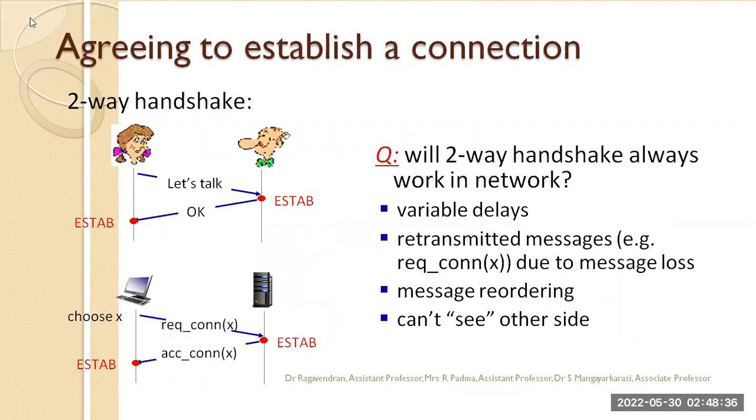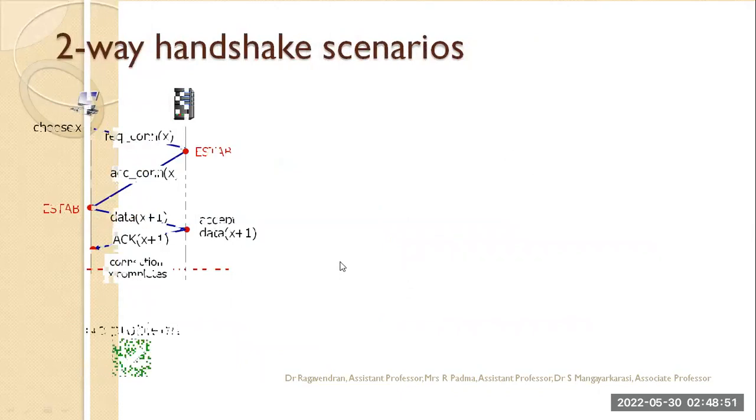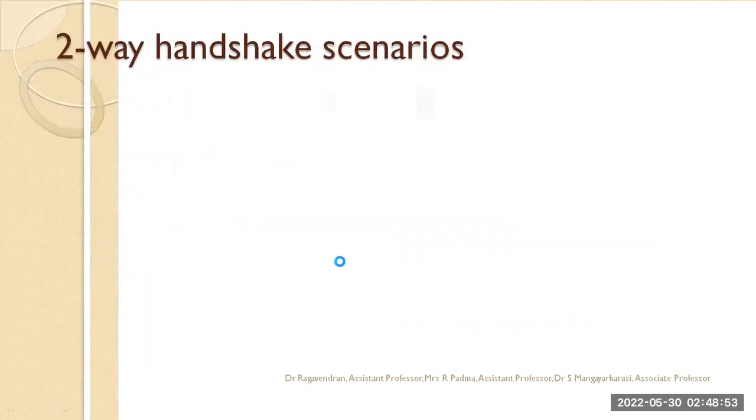So let's talk. If they are going to talk, one will react to the request for information, and it will be established that they both talk. If the other end is not responding, then it will not be established. So the two-way handshake scenarios.